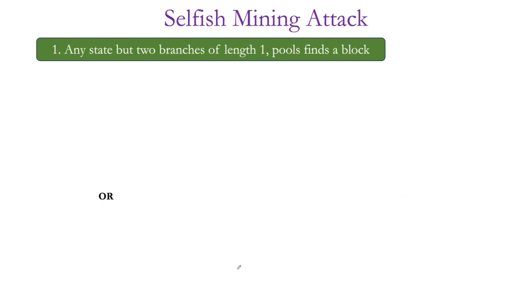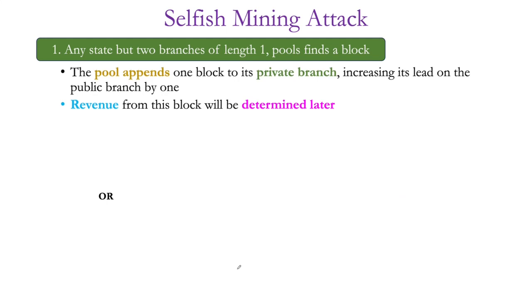The probability distribution over the state space provides the foundation for analyzing the revenue obtained by these selfish pools. At any state, there are two branches, where the private branch is longer. So the pool appends one block to its private branch, increasing its lead on the public branch by one. The revenue from this block will be determined later.